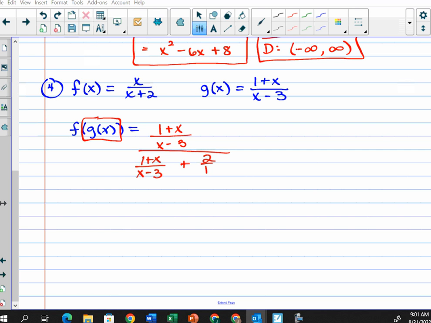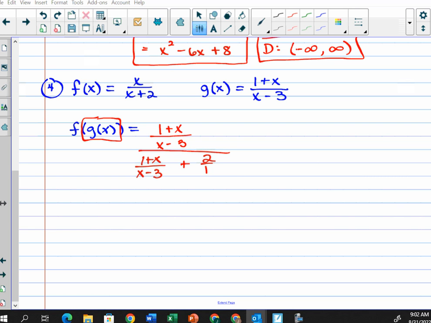So, I put it up like this, and then when I put the multiplication, do I do x minus 3 over 1? You need to simplify your denominator first to 1 single fraction, and then you can do the rest.